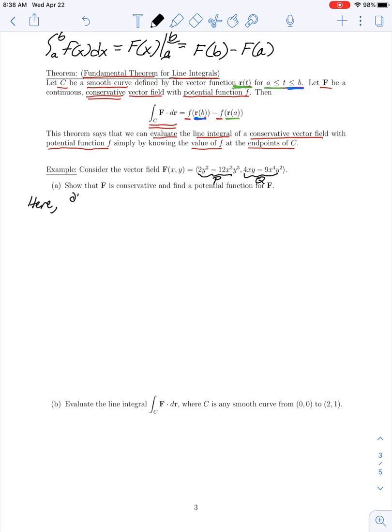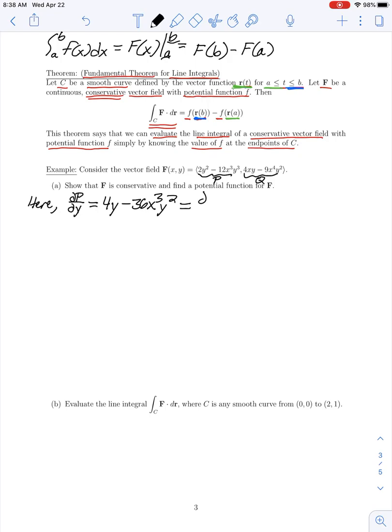So that is, we look at the partial derivative of p with respect to y, which would be equal to 4y minus 36x cubed y squared. And we see if that's the same as the partial derivative of q with respect to x. So here, partial of q with respect to x is 4y minus 36x cubed y squared.